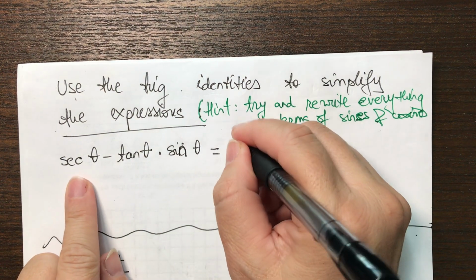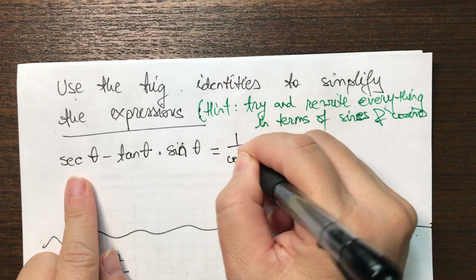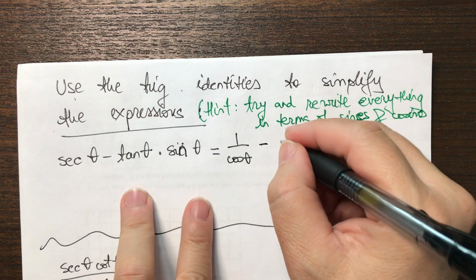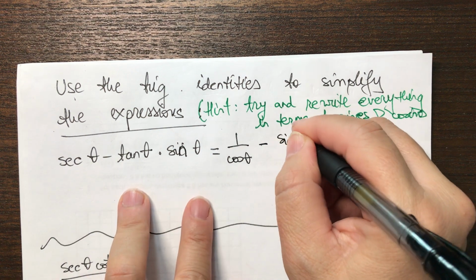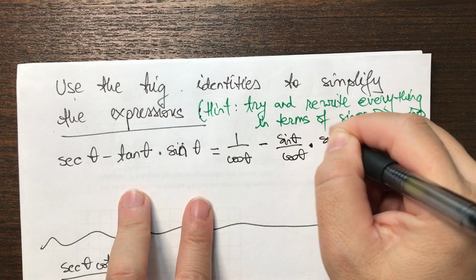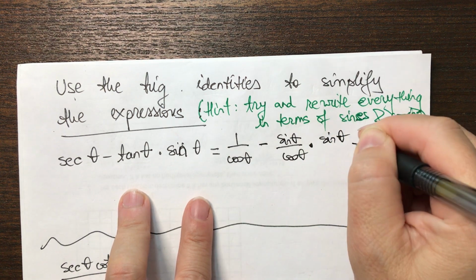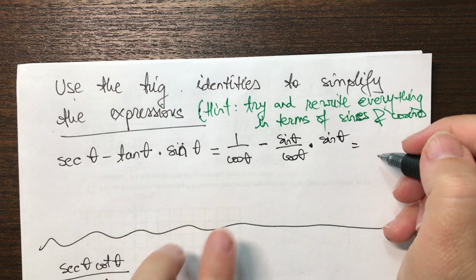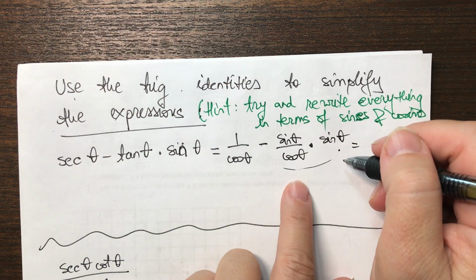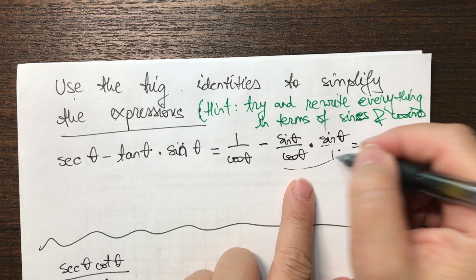Secant is, of course, the reciprocal of cosine, minus tangent, using the ratio identity, is sine over cosine times sine theta. Well, sure enough, when you multiply these, multiplication before the subtraction, this means over 1.